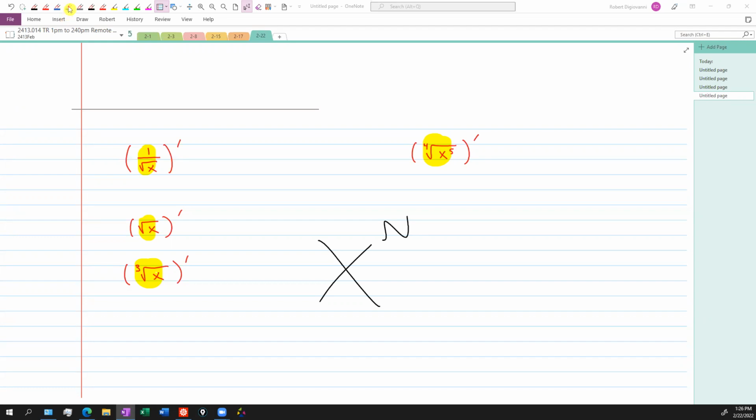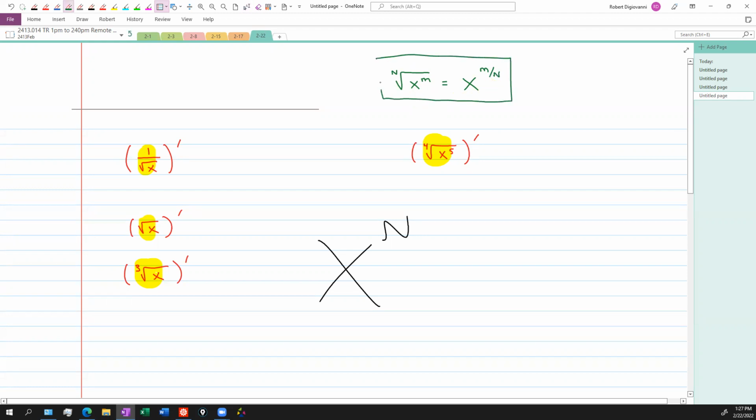In case you're stuck, I'll remind you at the top here of a property from college algebra: if you ever have the nth root of x raised to the mth power, this is the same as x raised to the m divided by n. This is a way you can always convert a radical into what's called a rational exponent. So this is an algebra thing.